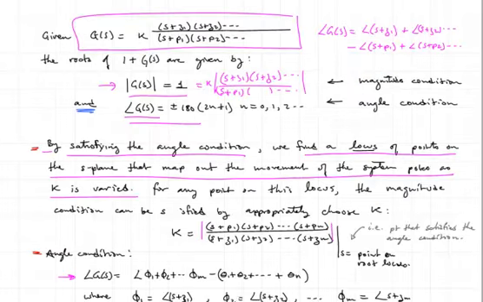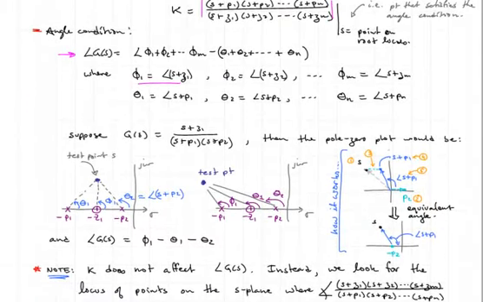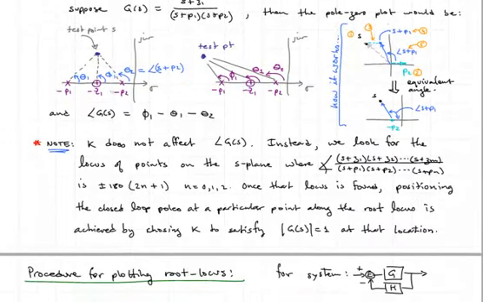So let's go back to this example here and recall that the angle of G(s) is going to be the sum of all of the angles of the zero terms, so s plus z1, s plus z2, etc., minus all of the pole factors, which are going to be the angle of s plus p1, s plus p2, etc. And so here we can look at an example, where we have two poles and a zero. We're putting a circle here for our zero.